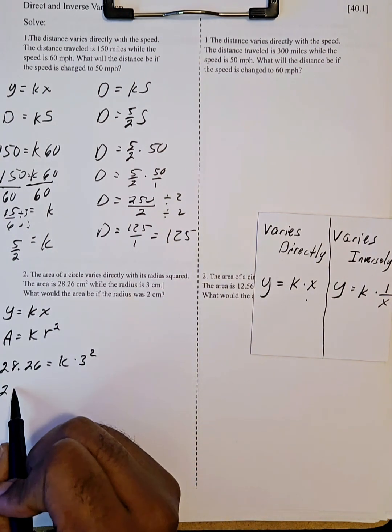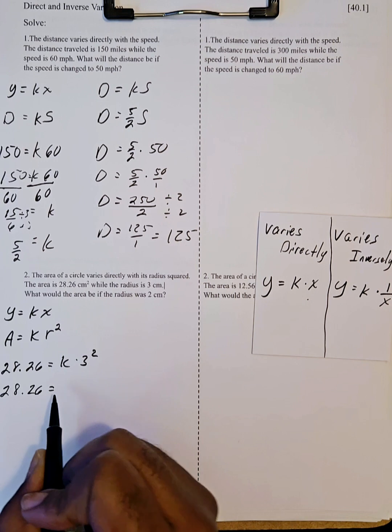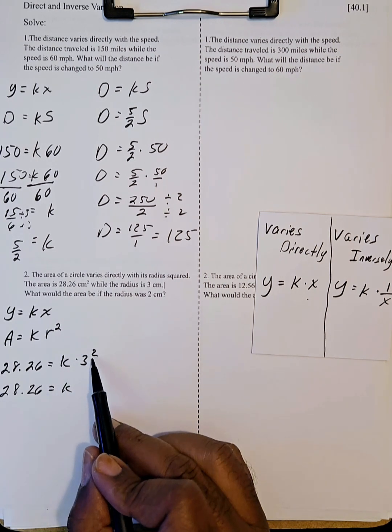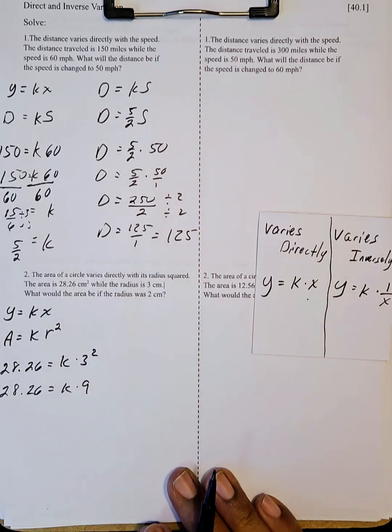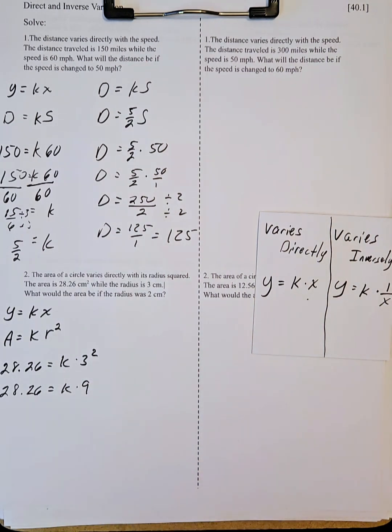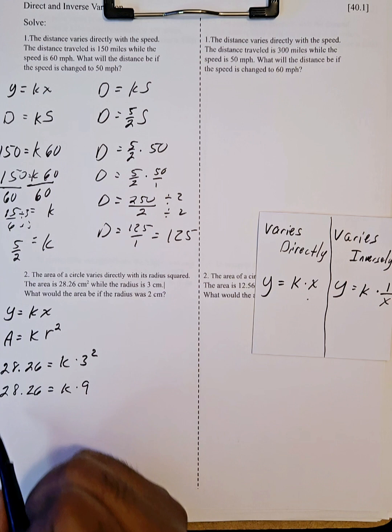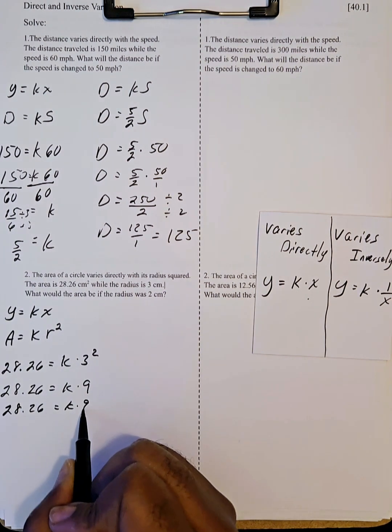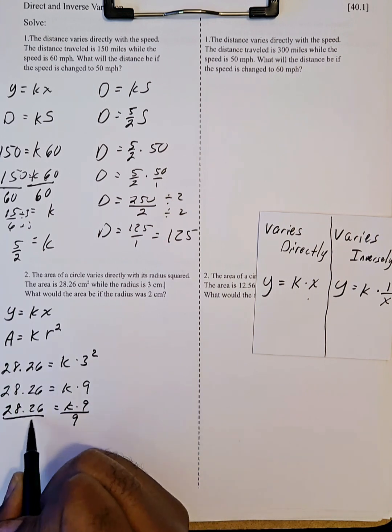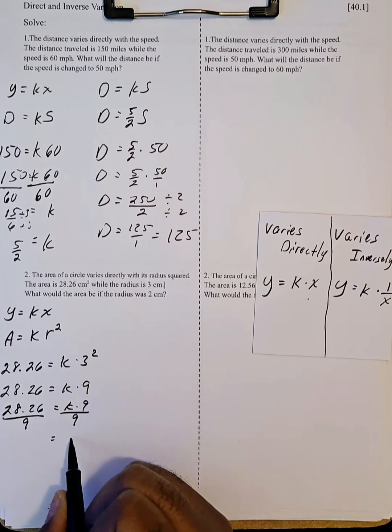Now let's solve for k. 28.26 equals k, and 3 to the second power is 3 times 3, which is 9. So this is times 9. Now let's divide both sides by 9. So we have 28.26 equals k times 9, dividing both sides by 9 to get the k by itself.